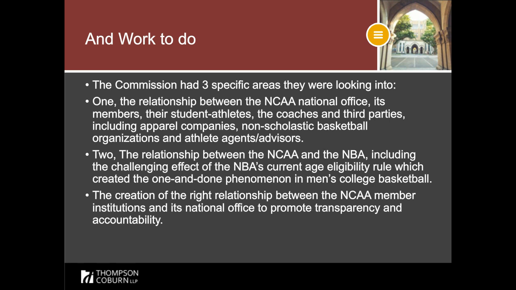Two, the relationship between the NCAA and the NBA, including the challenging effect of the NBA's current age eligibility rule, which created the one-and-done phenomenon in men's college basketball. And three, the creation of the right relationship between the NCAA member institutions and its national office to promote transparency and accountability.